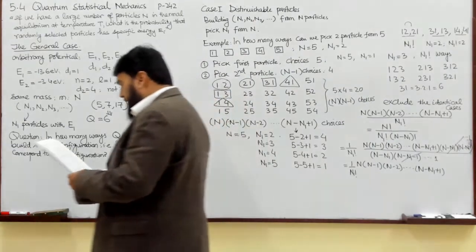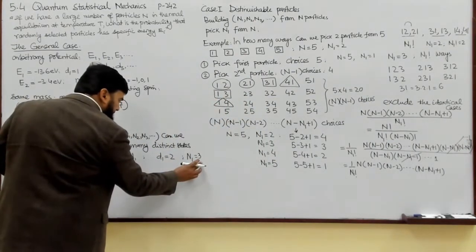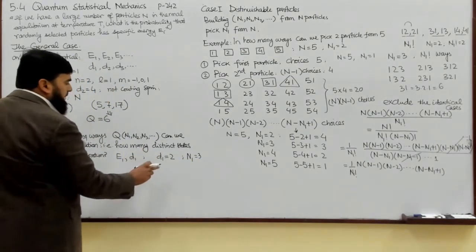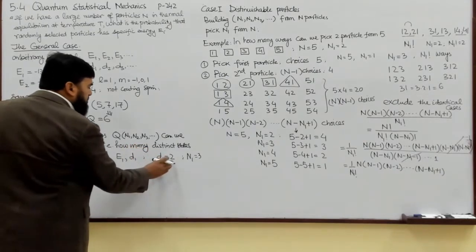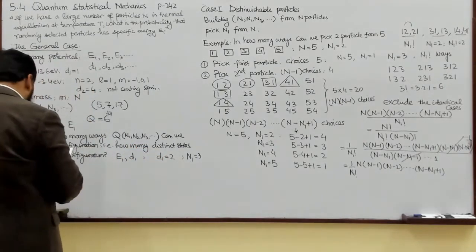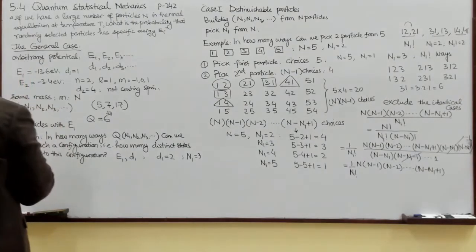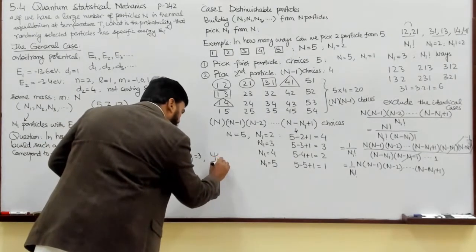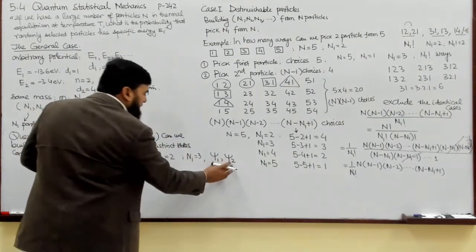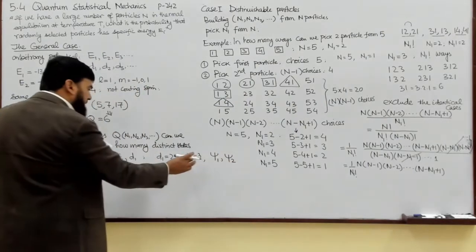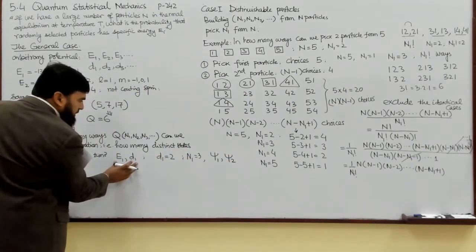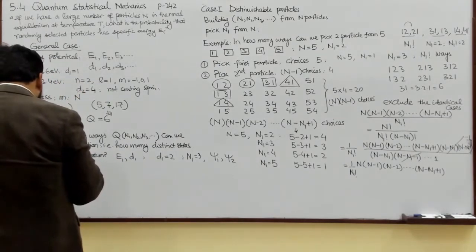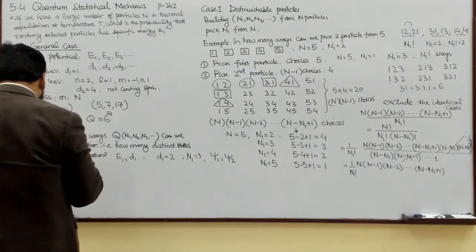That we have 3 particles, and those 3 particles will occupy these states. We have psi 1 and psi 2, which are the states having the same energy E1, and 3 particles will have to occupy these.